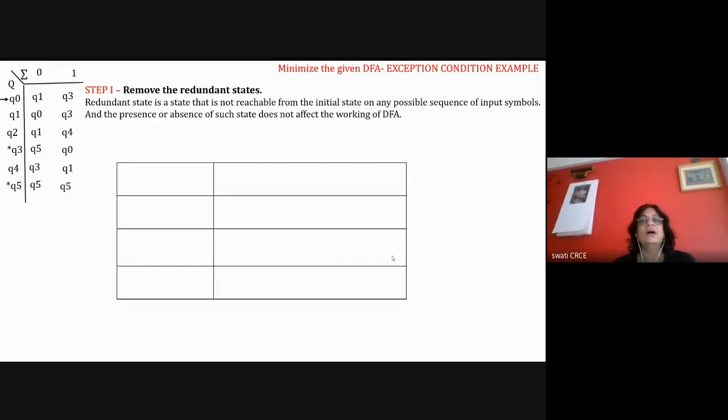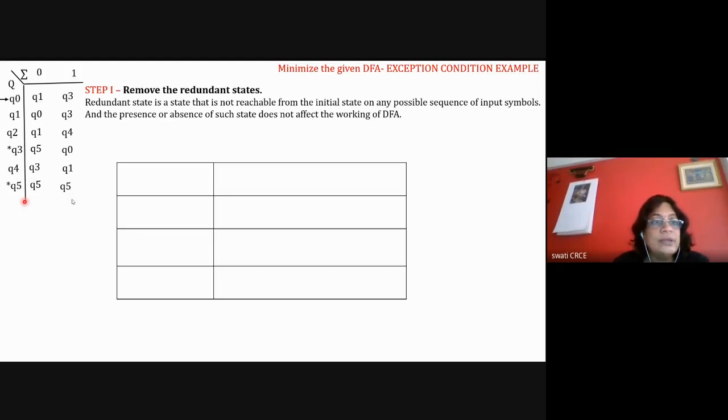I am teaching you minimization of DFA with some exception condition. In the exam, there may be a possibility of having such an exception condition, so what to do for that particular exception condition, that I am trying to teach you.